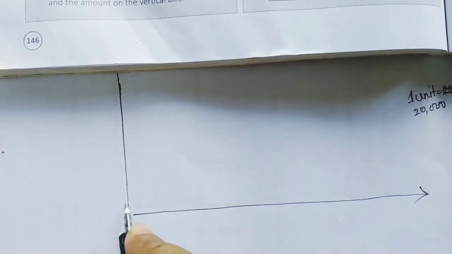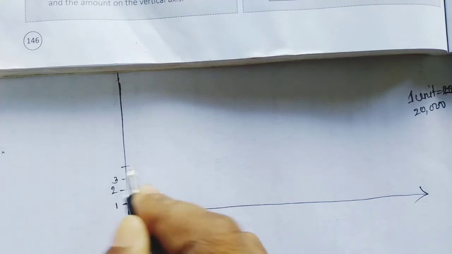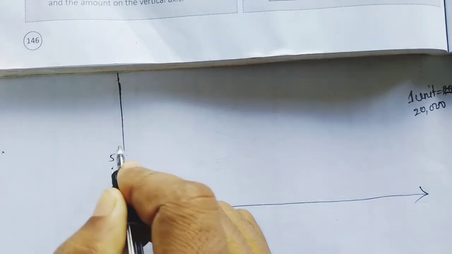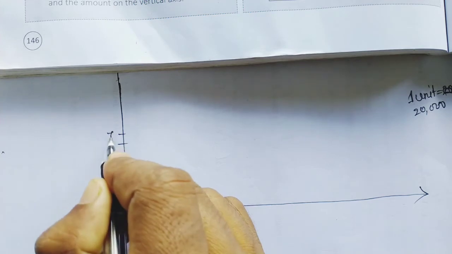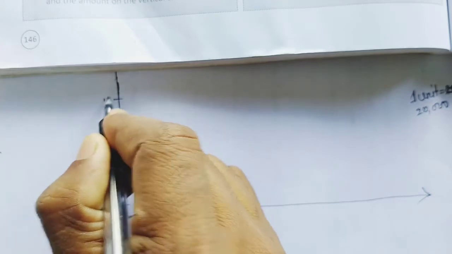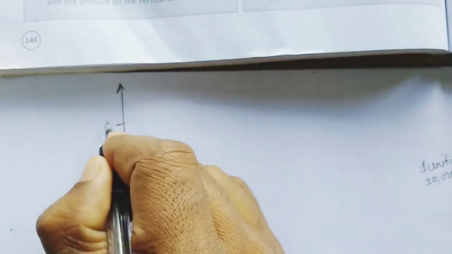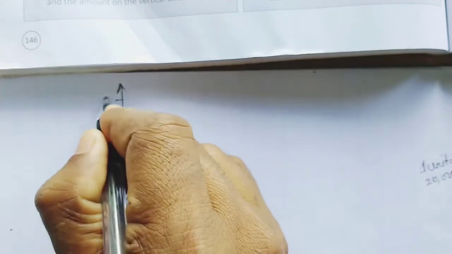Here is 1, here 2, 3, 4, 5, 6, 7, 8, 9, 10, next 11, 12, 13, 14, 15, 16, 17, 18 and so on.